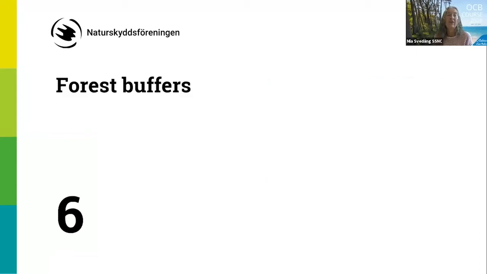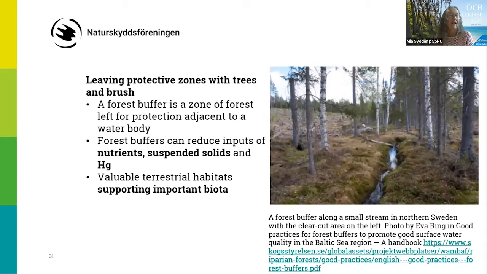In the forest, it's a bit different. In the forest, it might not be eutrophication, which is the biggest issue you want to address. In the forest, you leave protective zones with trees and brush, and the forest buffer is a zone of forest left for protection, adjacent to a water body.